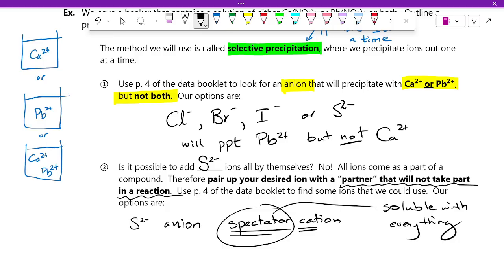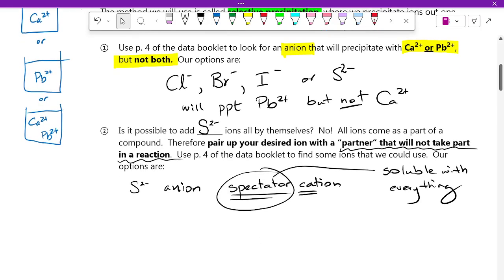And if it's going to be soluble with everything, who are our choices? H plus, but don't use acids for the most part, okay? H plus, who's the other one that's an acid?